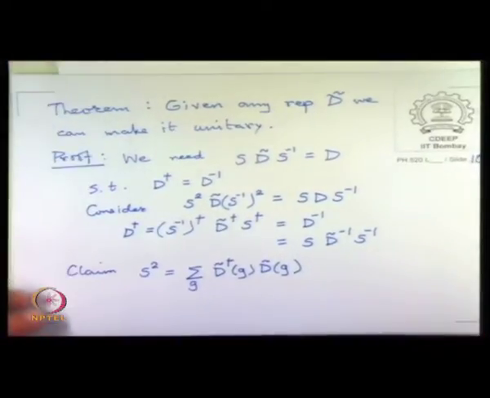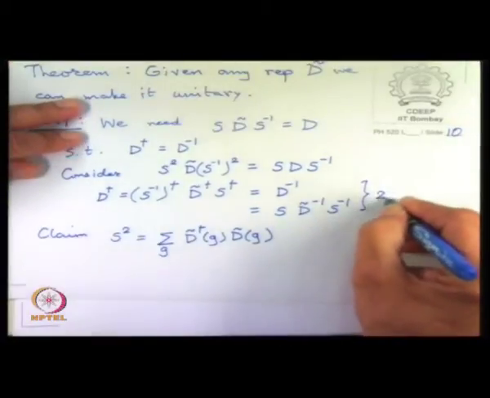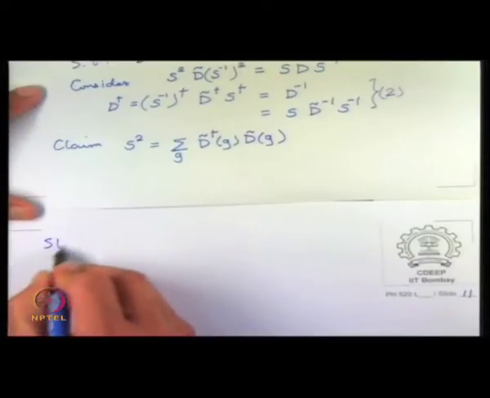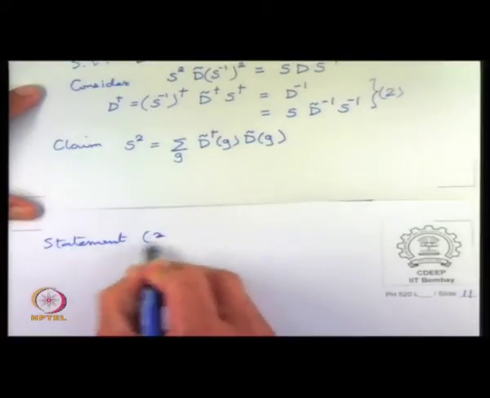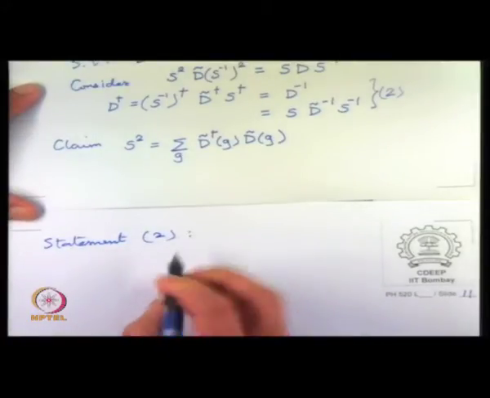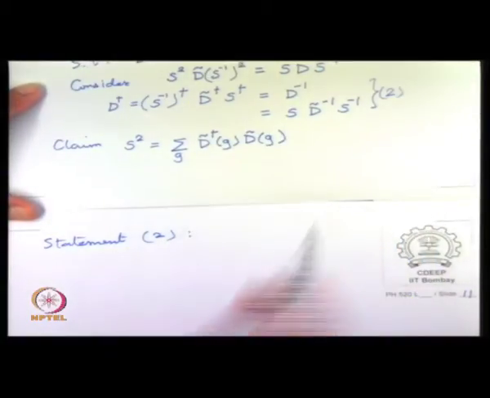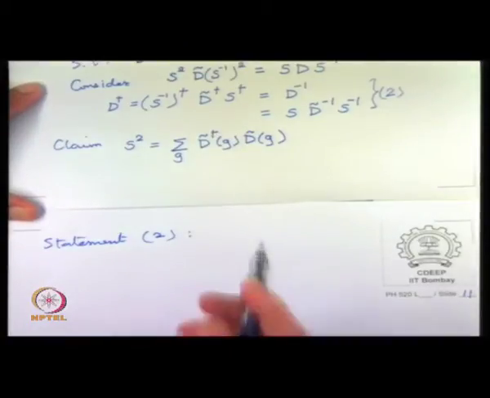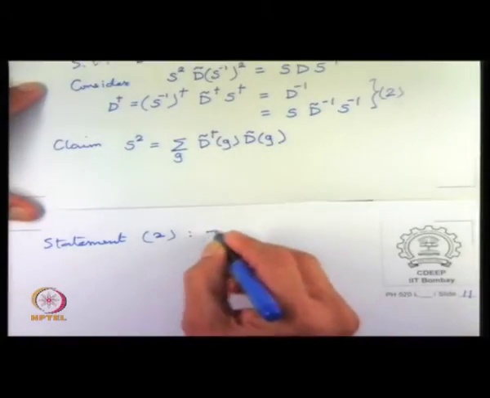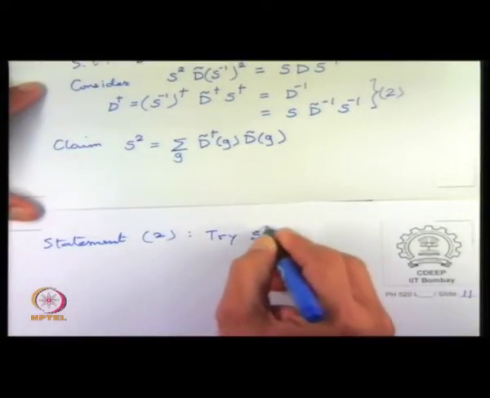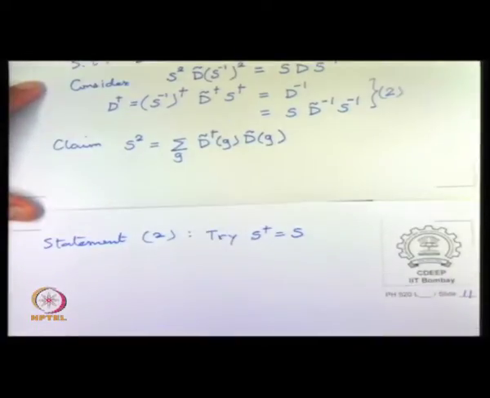So now what we do is that we can rewrite this statement by transferring, yes. So we make one further assumption that S dagger is equal to S. So we try to look for S which is Hermitian.